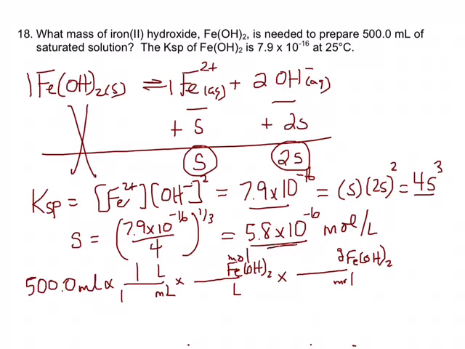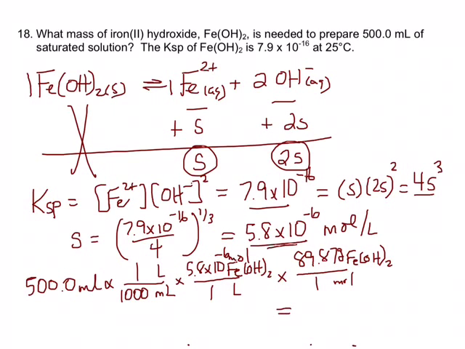So 1 liter, 1,000 milliliters, 5.8 times 10 to the minus 6 moles per liter. And then the molar mass of iron hydroxide, grabbing a periodic table, is 89.87 grams per mole.